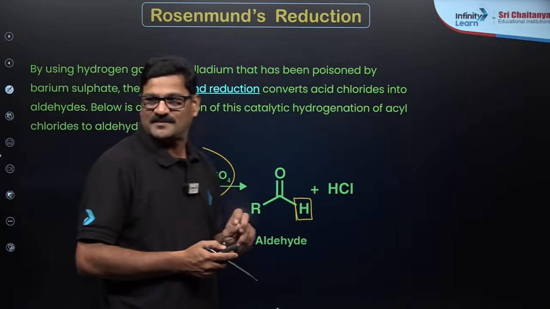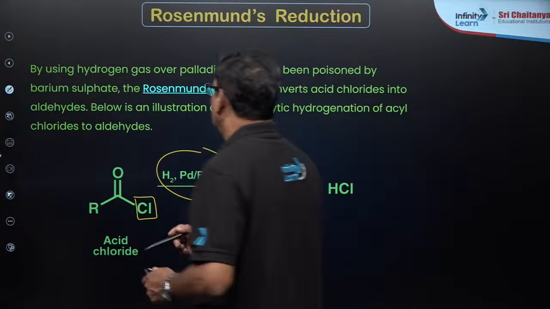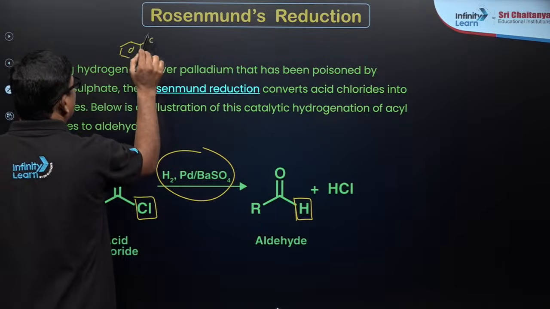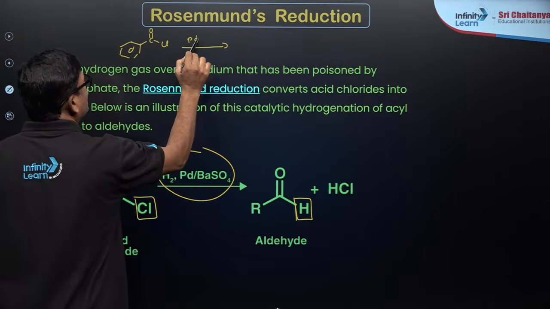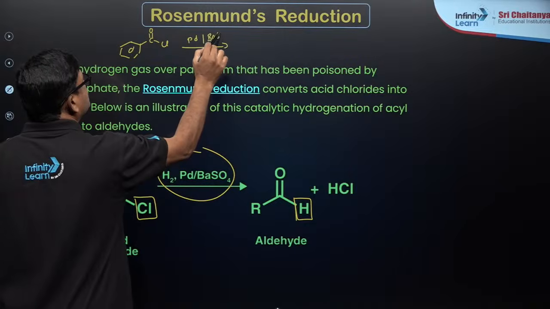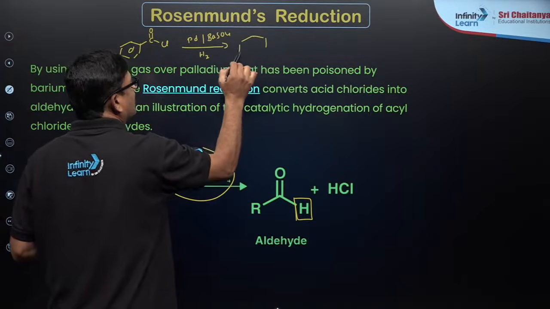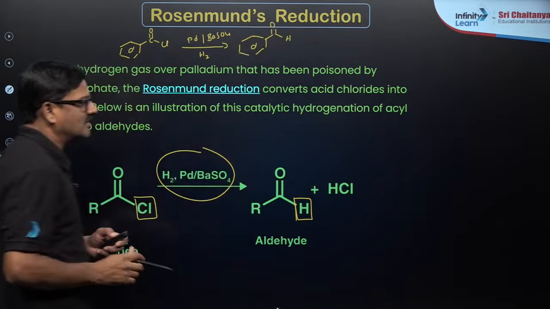Any doubt? Clear? So you can say benzoyl chloride, if it is treated with Pd/BaSO4, you are going to get benzaldehyde.